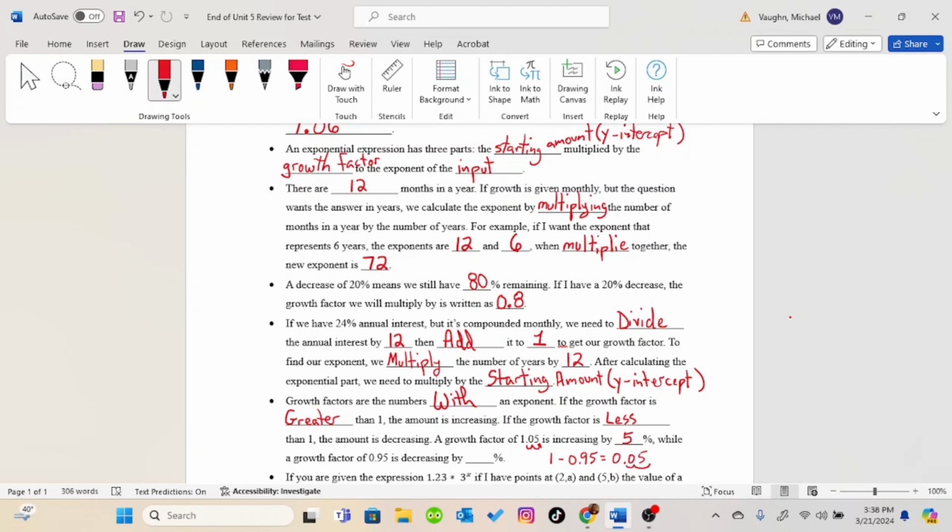And when I move that decimal point to the right 2 spots, that tells me I have decreased by 5%. So if it is 0.05 larger than 1, it's a 5% increase. If it is 0.05 less than 1, then it is a 5% decrease.